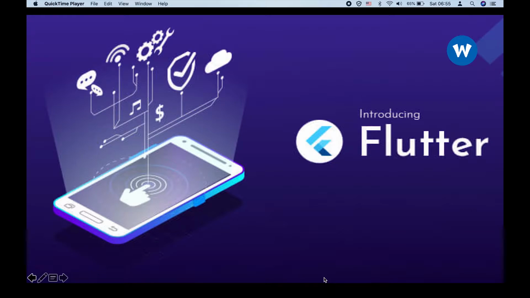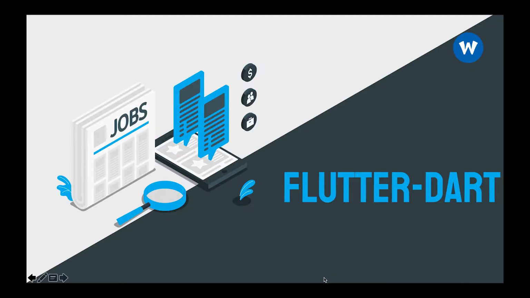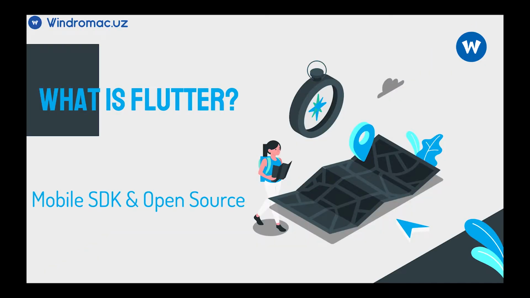Today we're going to learn about Flutter, namely the introduction to Flutter with you. So, Flutter and Dart. What is Flutter? Flutter is a mobile SDK which is developed by Google in 2017, and it's open source.